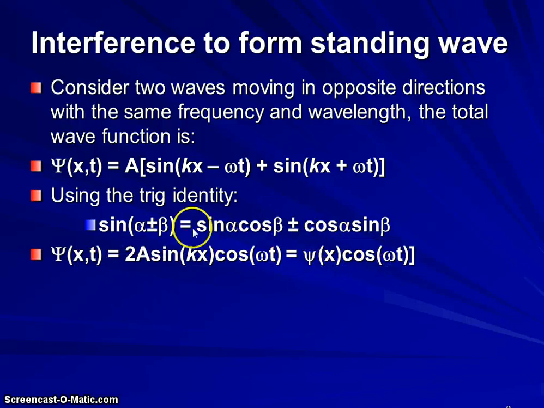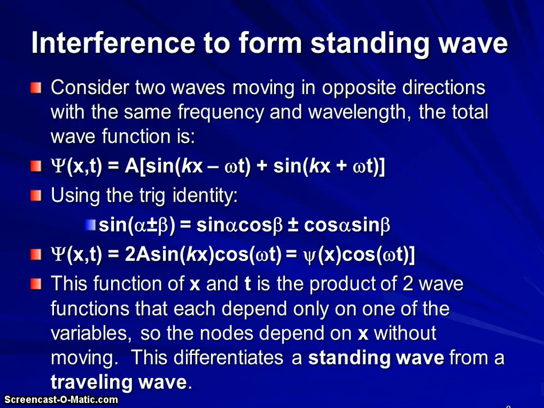The one term depends only on x and not on time. The other term depends only on time and not on x. So this function is the product of two wave functions that each only depend on one of those variables. So the nodes depend on x without moving, and so we call this a standing wave.